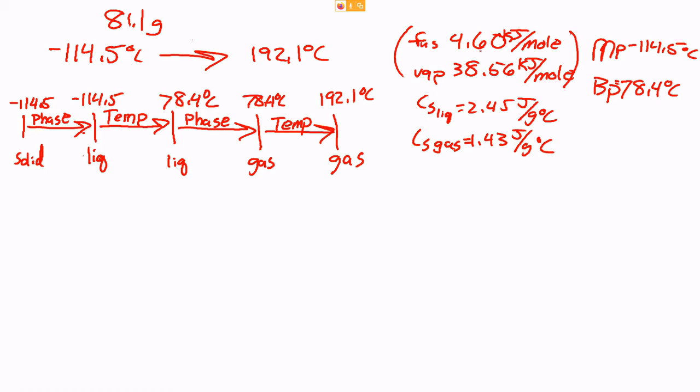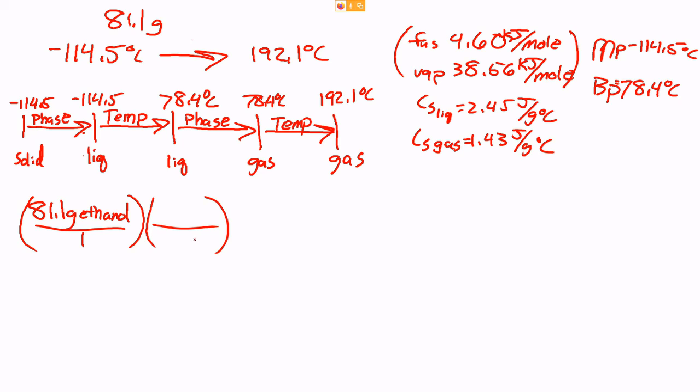For the phase change regions, it is just going to be using these heats of fusion and heats of vaporization. So each of these tells us, for example, the heat of fusion tells us it takes 4.6 kilojoules to melt 1 mole of ethanol. And so what you'll do is work out, well, I have 81.1 grams of ethanol, and you'll use the molar mass to figure out how many moles that is.